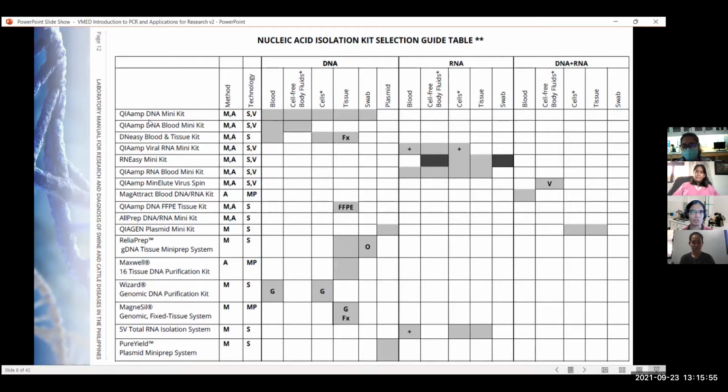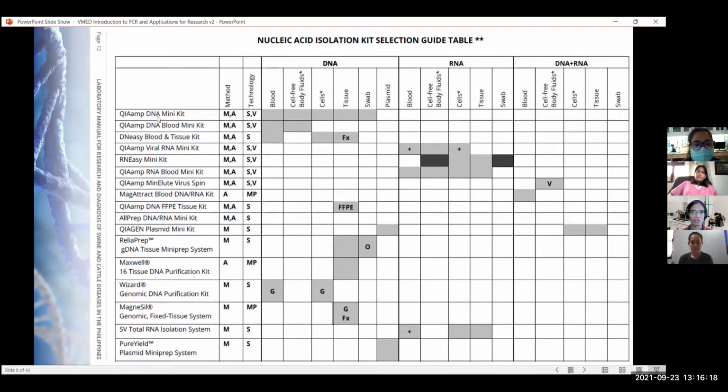For example, this QIAamp DNA mini kit from QIAGEN can be used manually, or using automated methods. So it uses spin column and vacuum method. And it can be used for blood, cell-free body fluid, cell tissue swab, for DNA.